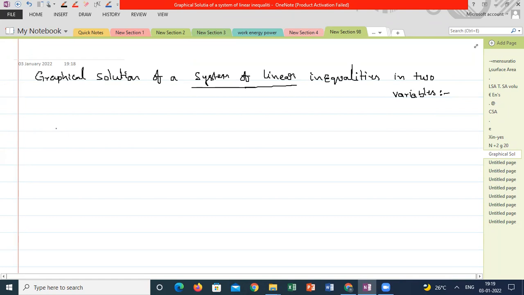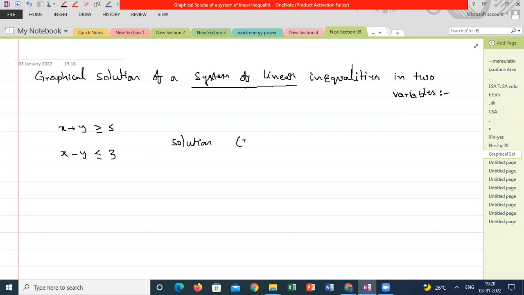The meaning of the solution set of this system is that you have to find the x comma y values. Suppose I am giving x plus y greater than or equal to 5 and x minus 5 less than or equal to 3. I have to give the solution set.